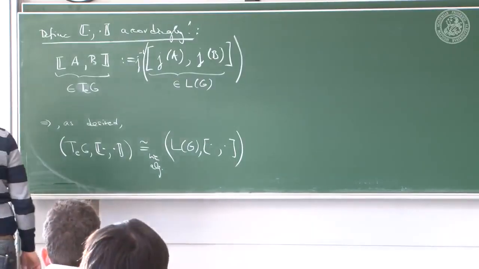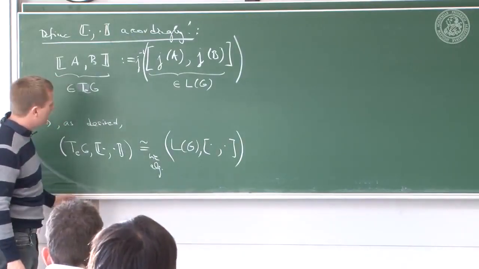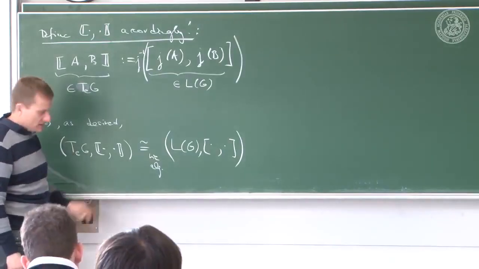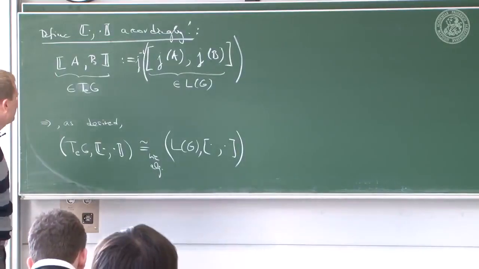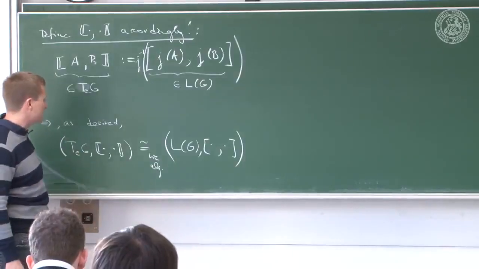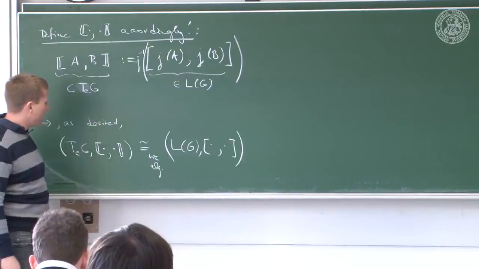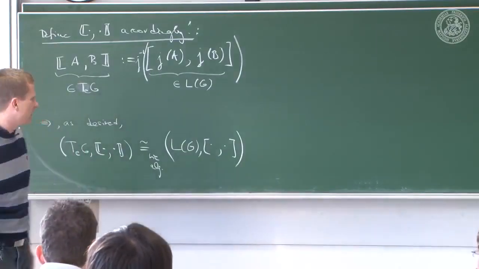And so next time we'll look more closely at this Lie algebra here, and we'll define in particular something called the Killing form. But the Killing form is not a form like we defined before. It's not antisymmetric. It's symmetric. It's a symmetric bilinear map. And the Killing form tells you a lot about the type of Lie algebra you have.